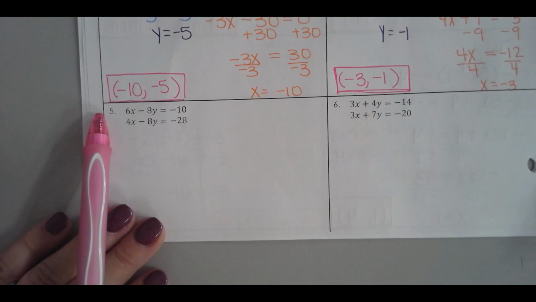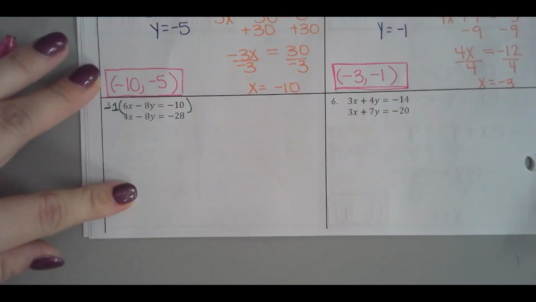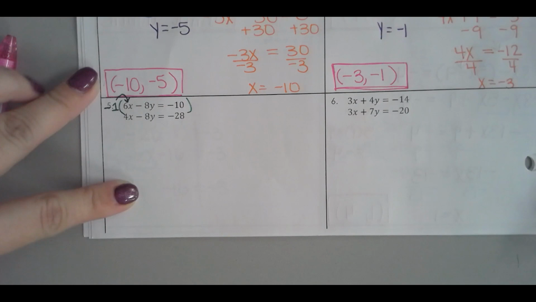We can still find our answer. So what I'm going to do, and you can pick one at the top, we're going to multiply everything in the top one by negative 1.